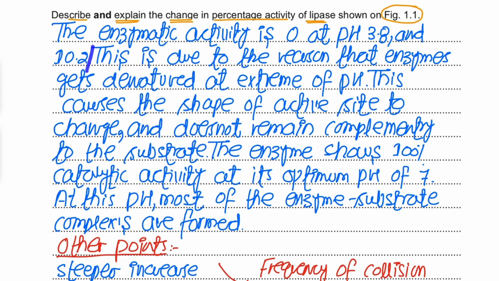This was the descriptive point, and then I have given the explanation for it. Then, as we have seen, the enzyme has shown 100% catalytic activity at its optimum pH of 7. So this is the description point, and the explanation is that at pH 7, most of the enzyme substrate complexes have formed.